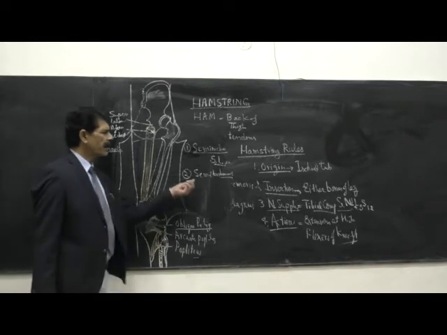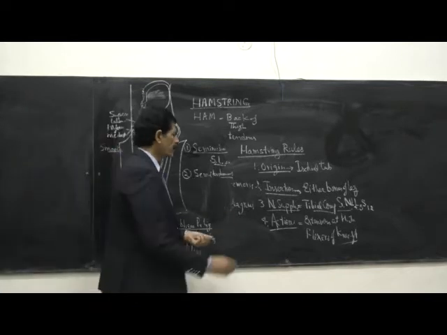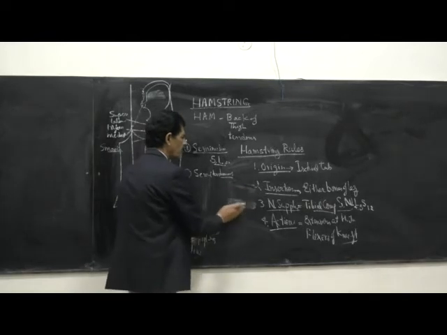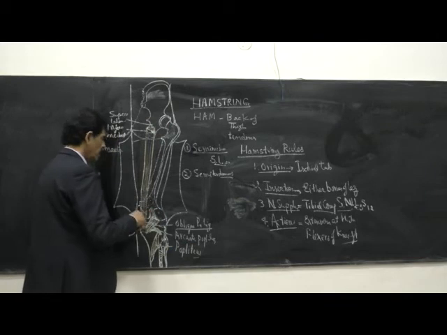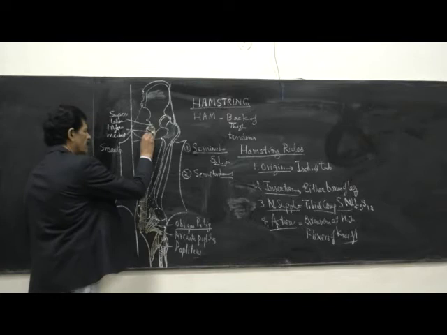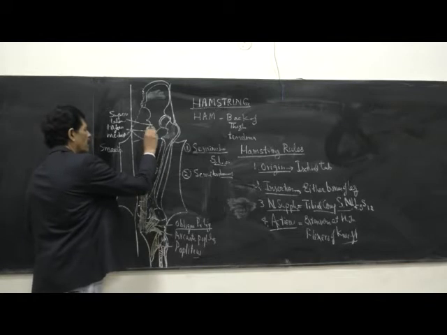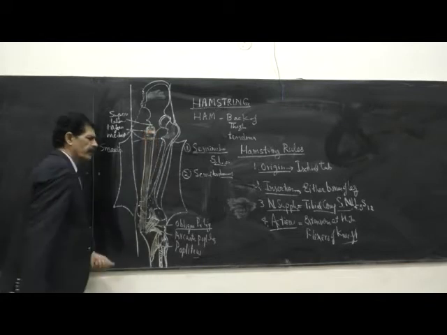Origin of the semitendinosus and the long head of the biceps is common. Both take combined origin. The semitendinosus medially, while the long head of the biceps from the lower part of the inferomedial area.